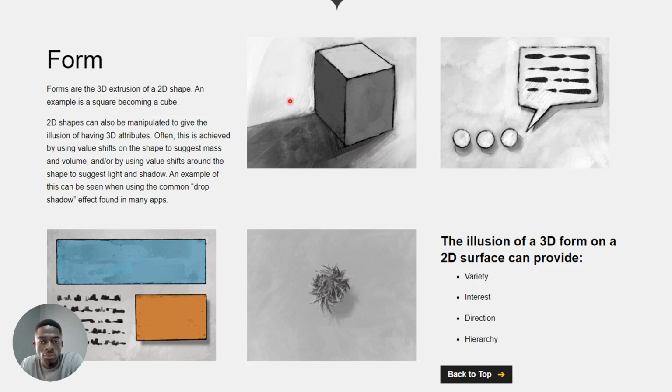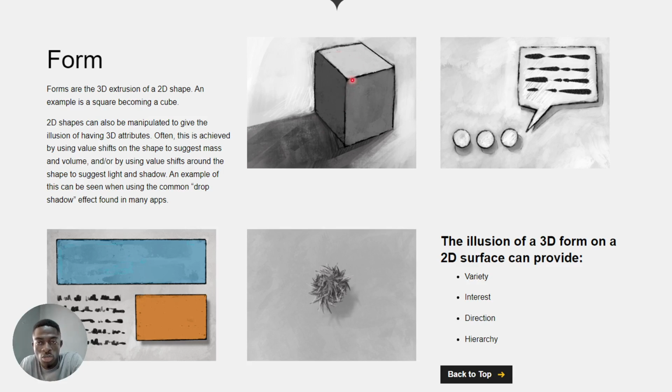So when we talk about extrusion, we are looking at you taking one object and extruding that, elongating or trying to get other shapes from it, or making the shape look bulky, making the shape have depth. Okay, that's what an extrusion is. An example is a square becoming a cube.